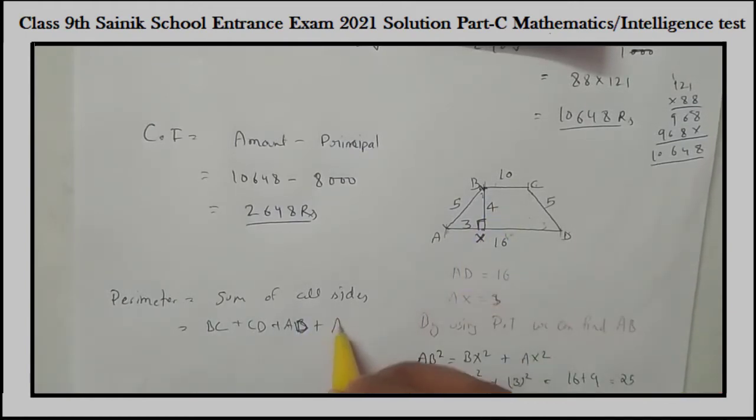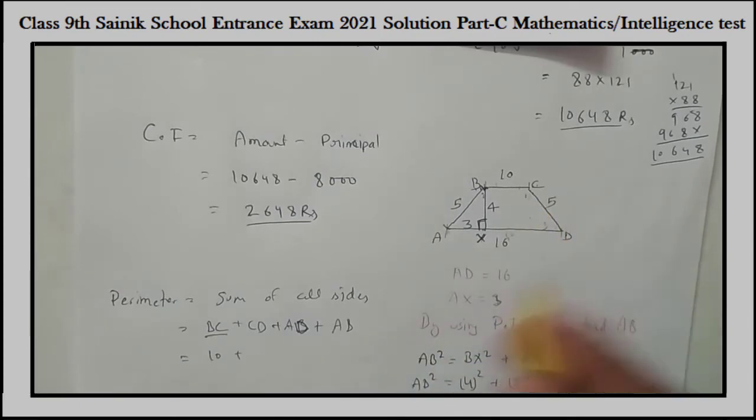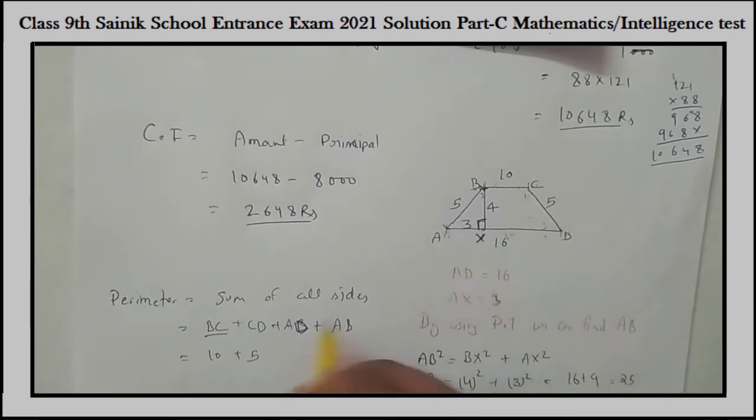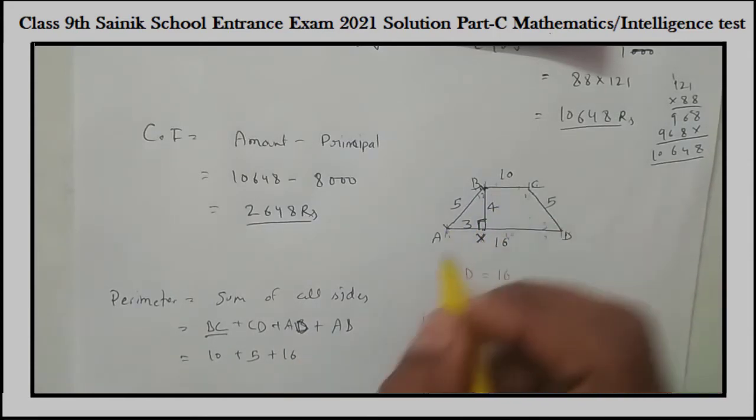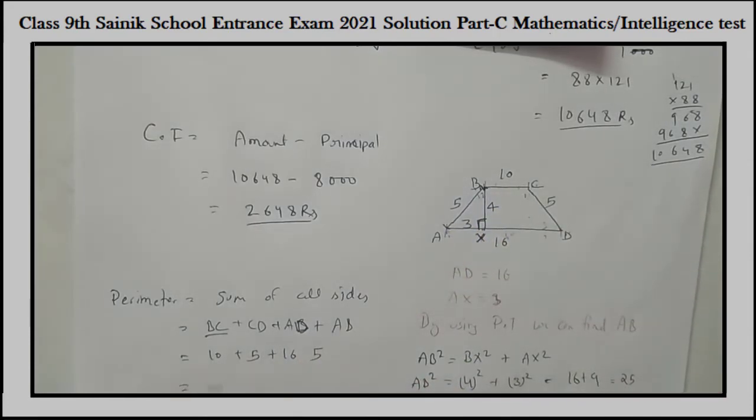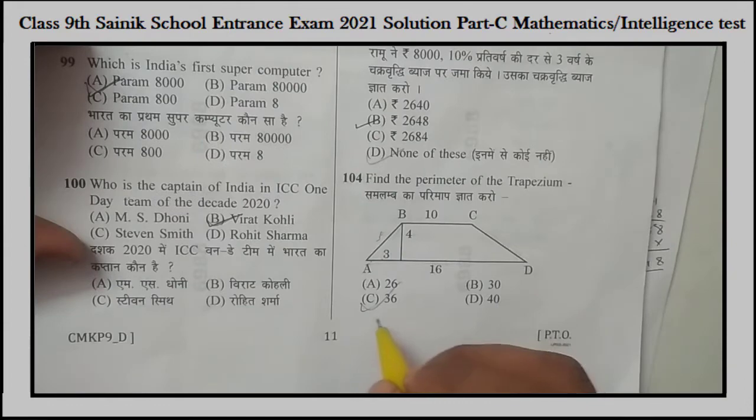What is BC? BC is 10. What is CD? CD is 5. What is AD? AD is 16. What is AB? AB is 5. So perimeter becomes 5, 5, 10, 10, 10, 20, 36. So the correct option is 36.